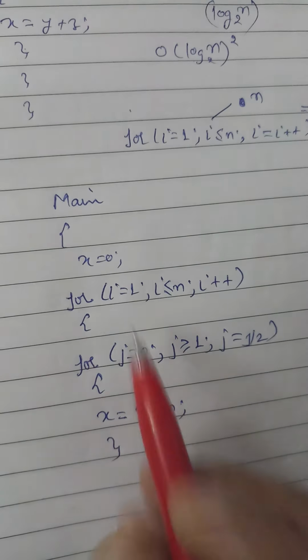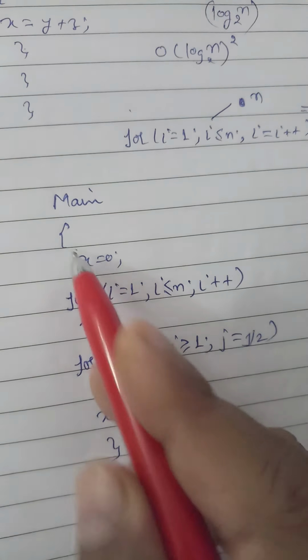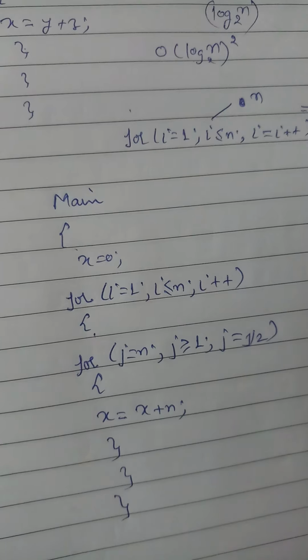So this for loop closed, this for loop closed, and this main closed.